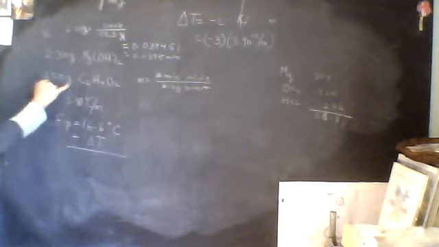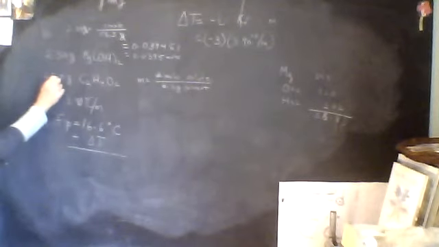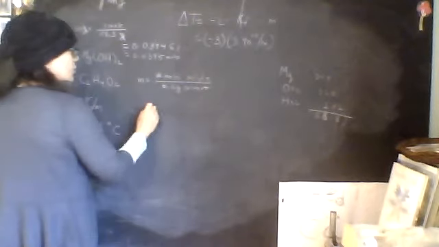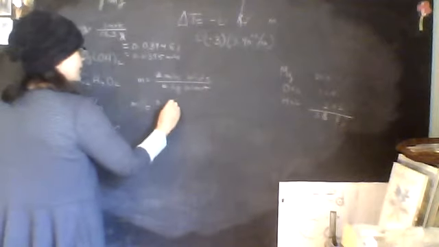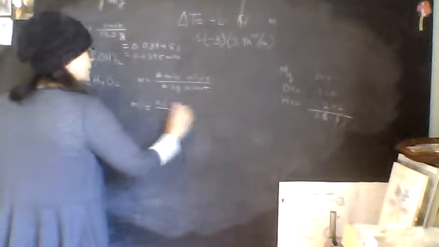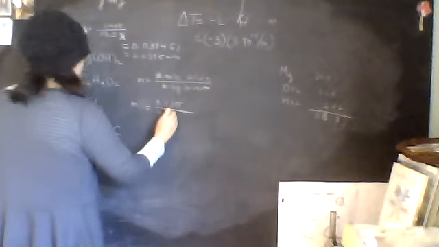Let's convert the number of grams of solvent into kilograms, which is what we need. We're going to divide this by 1,000. So the molality is going to be 0.0395 divided by 0.025.